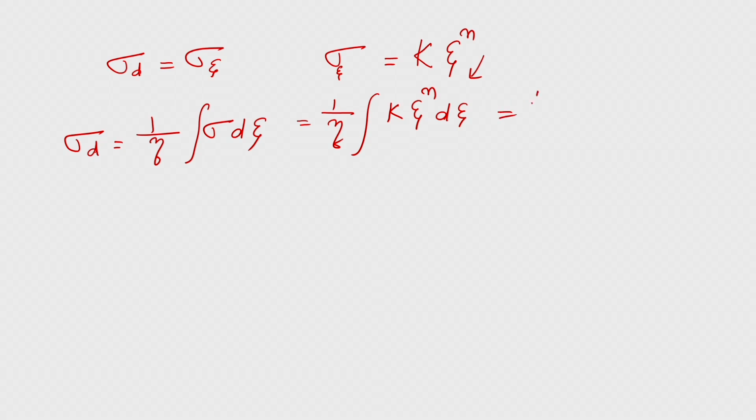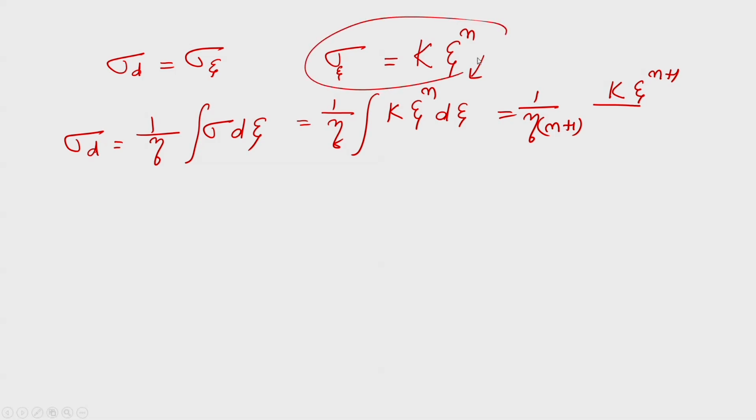So, that is equal to 1 by eta into n plus 1, into k epsilon raised to n plus 1. But k epsilon raised to n plus 1 is equal to k epsilon raised to n, that is sigma epsilon, into epsilon.